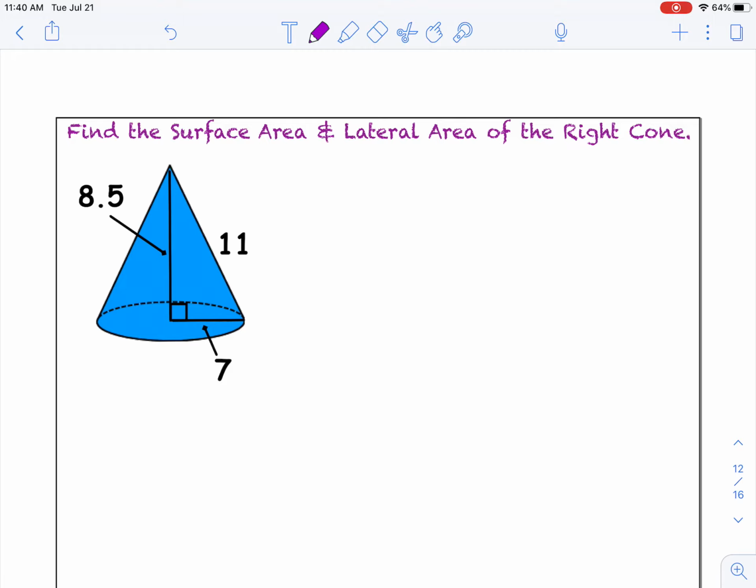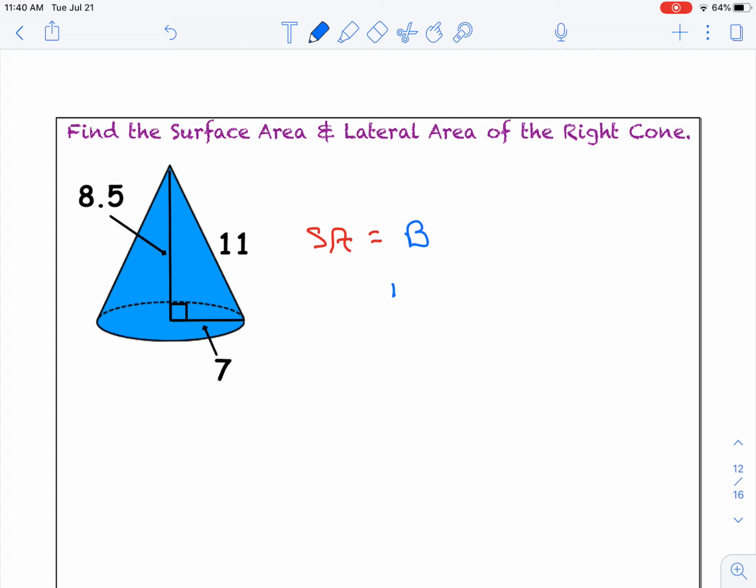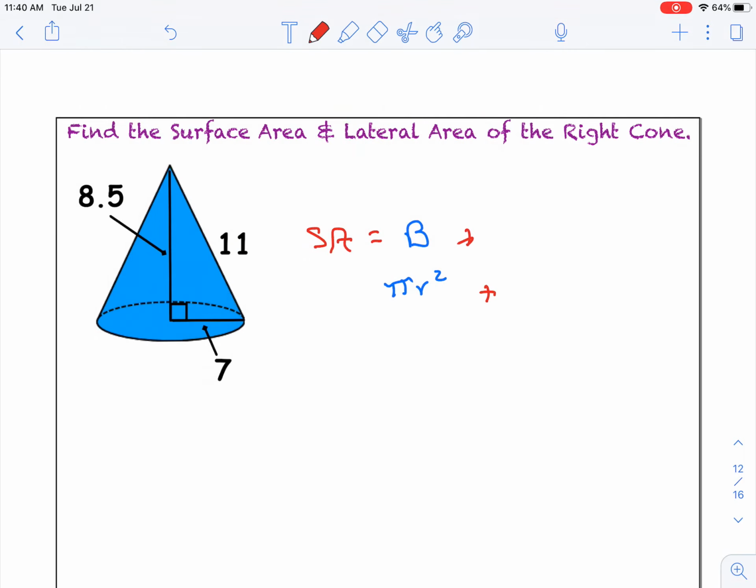So let's calculate the surface area and lateral area of this cone. So my surface area is equal to the area of my base, which is pi r squared. And I'm going to add that with my pi RL. So I'm going to put in my radius right here, and my radius and slant height in the other.